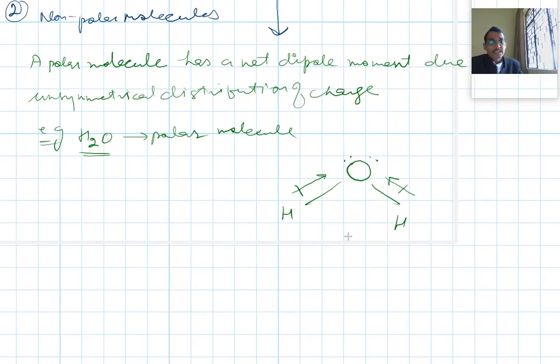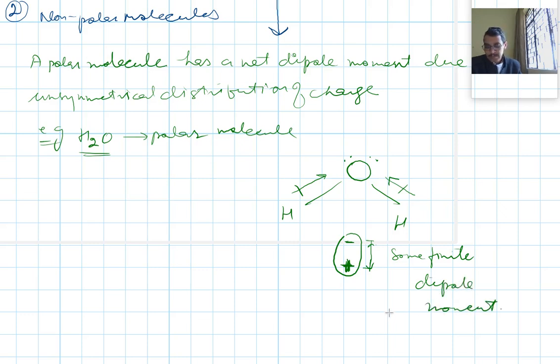A negative charge will be here and positive will be here, so there is some separation between these two charges. They are separated apart, so it has some finite dipole moment.